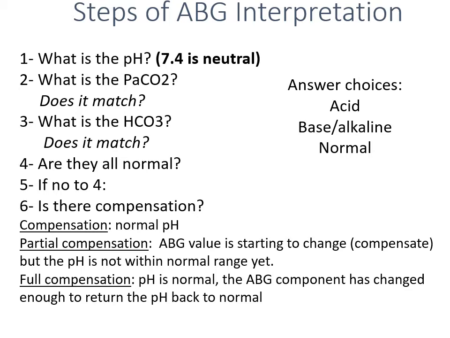And we can usually see that by looking at the CO2 that's improving or the bicarbonate that's improving to gradually bring the pH back into the normal range. Okay, so full compensation of an acidosis or an alkalosis means the pH has returned to normal. Partial compensation is the pH hasn't returned to normal yet, but we can see from doing multiple arterial blood gases that it is improving, and it's getting closer and closer to a normal pH.